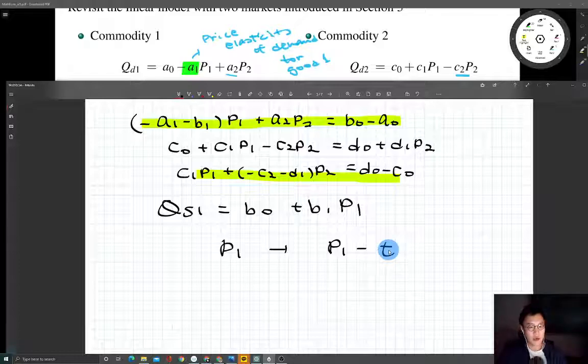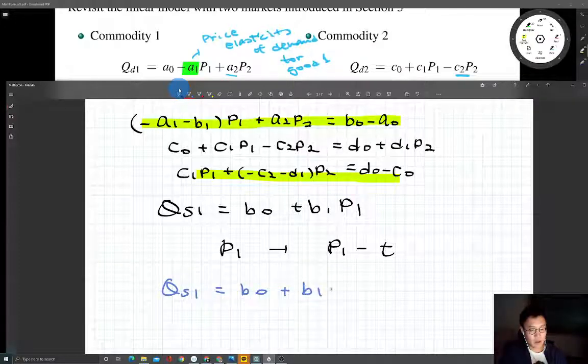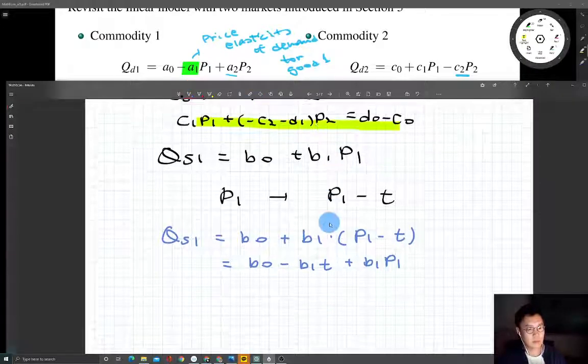So with that interpretation, we can see that after tax, the supply curve will change to B0 plus B1 times P1 minus T. So B0 minus B1 T plus B1 P1.